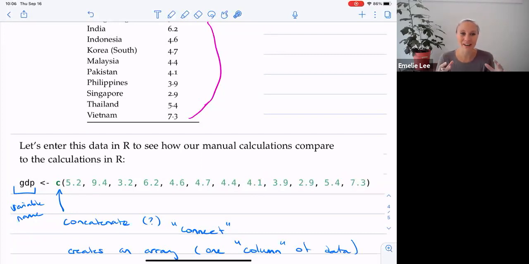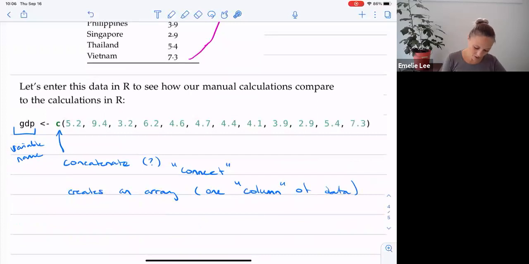Because you're relying on how you entered this data, you could have a data entry error, so it's always worthwhile to check that you copied them in correctly. Usually we're going to use data that is already built into R, but this is one of those rare cases where it's easier to just plug it in.